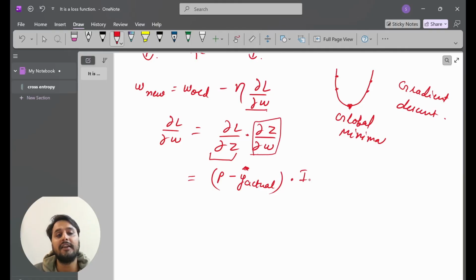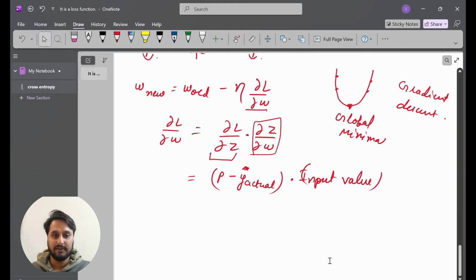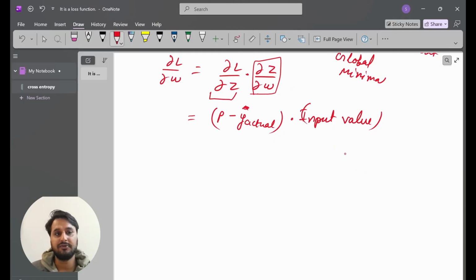And I'm saying this is basically the input value. You may be confused right now: why am I saying that this is an input value? I want you to go back to the transformer architecture.